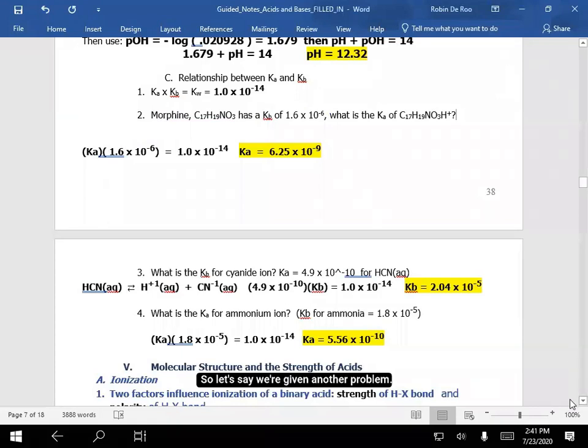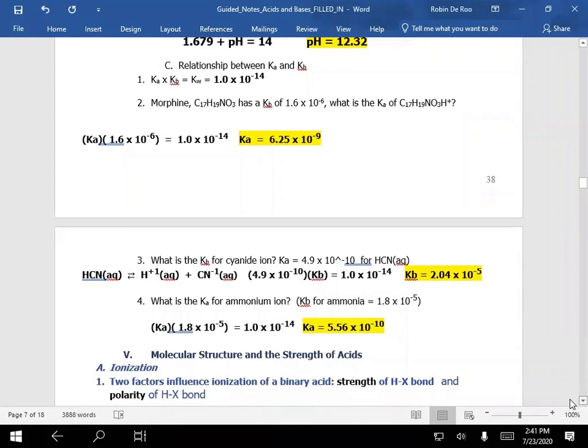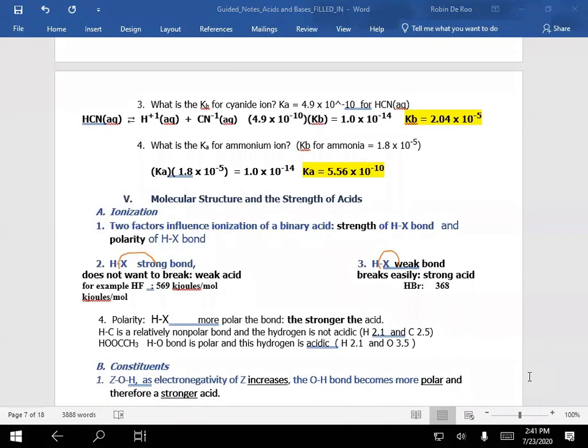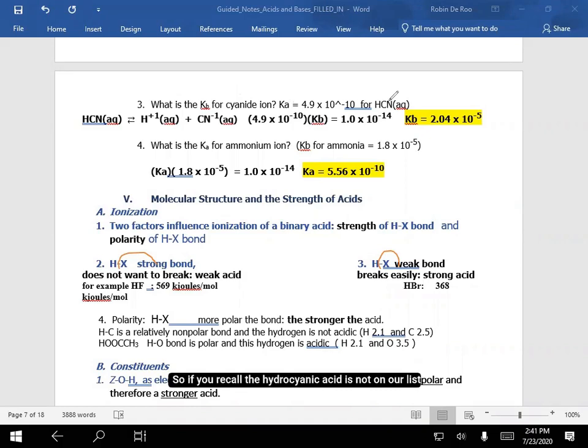So let's say we're given another problem. The problem is asking for the Kb for cyanide ion. It's giving us the Ka for hydrocyanic acid. So if you recall that hydrocyanic acid is not on our list of strong acids, so therefore it must be a weak acid. It's in equilibrium with hydrogen ion and cyanide.